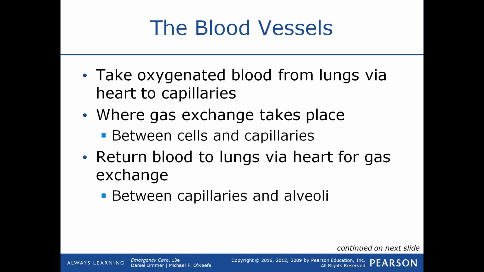So the right side of the heart pumps unoxygenated blood to the lungs, where it picks up oxygen and returns oxygen-rich blood through the pulmonary veins, the only place in the body where veins carry freshly oxygenated blood. And that blood from the lungs dumps into the left atrium and then into the left ventricle, and then out the left ventricle through the aorta to all parts of the body.